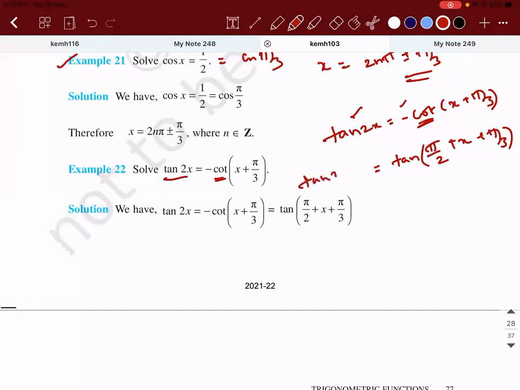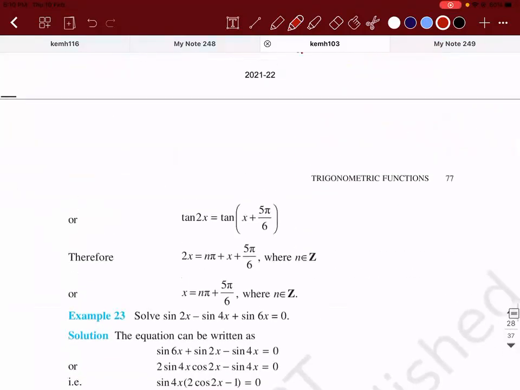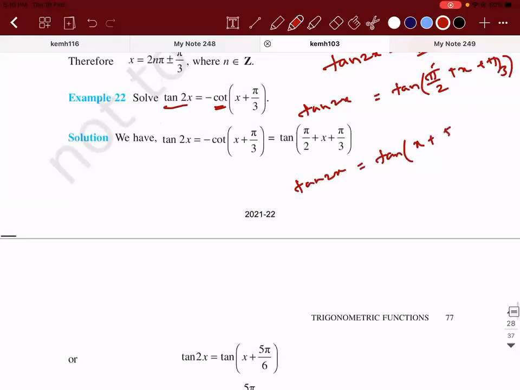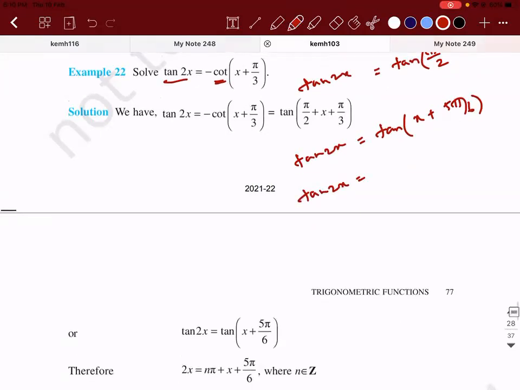So this is tan 2x, right? So tan 2x is equal to tan of, what is pi by 2 plus pi by 3, guys? 5 pi by 6. Tan 2x is equal to this thing, no?